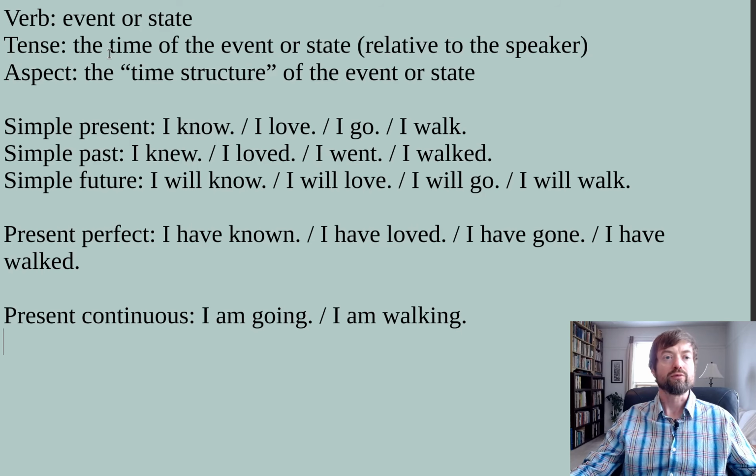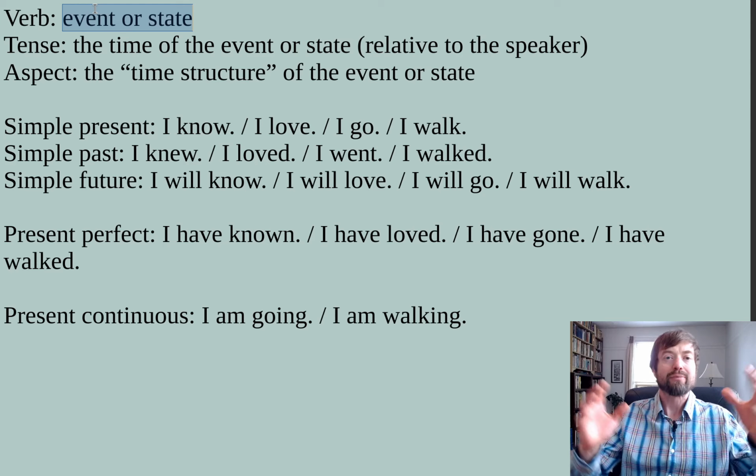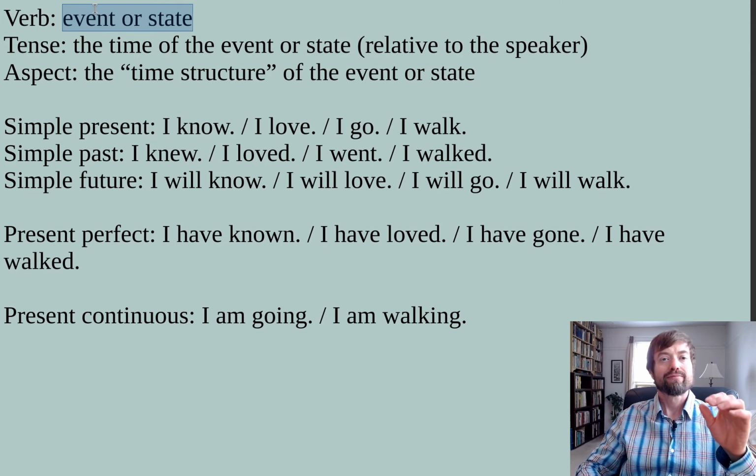So reviewing what we looked at here, the verb means the event or state, something that happens or is a thing that is in play at some point, a happening. And the tense and aspect are ways of talking about the time, how it appears in time.